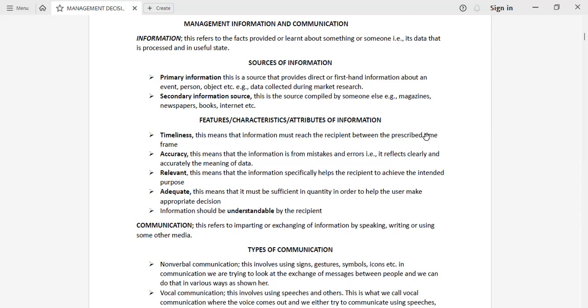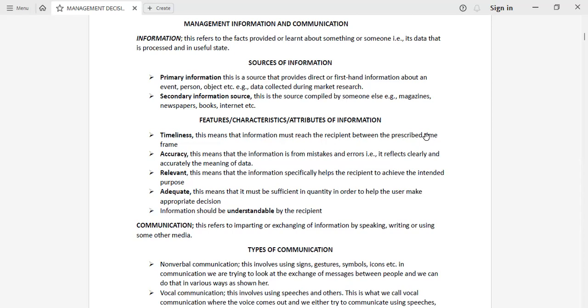One is the primary information, which looks at the sources that provide first-hand information about an event, a person, or any given object.